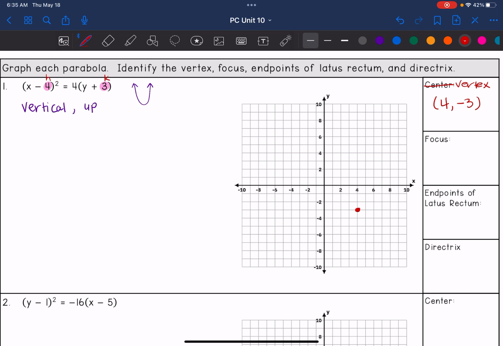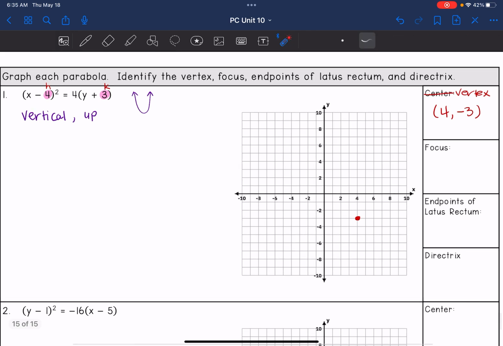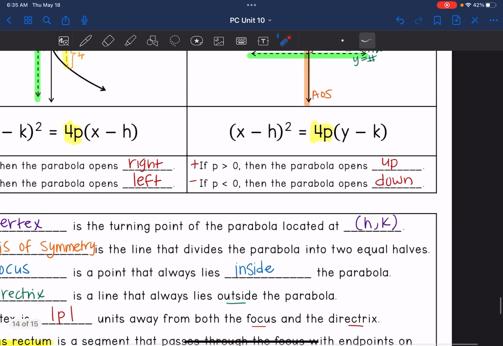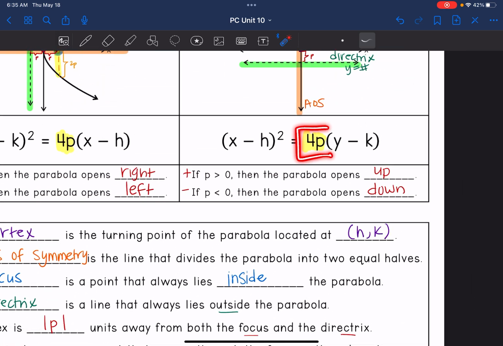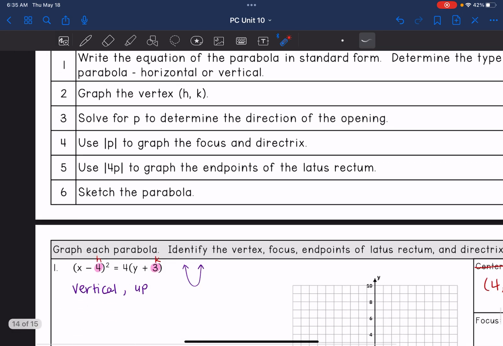Okay, next I want to find the focus. But in order to find the focus, I need to solve for p. Now remember what's right here, that 4, I'm going to go back to our equation. That is actually 4p. So whatever is outside of the parentheses, that is 4p.